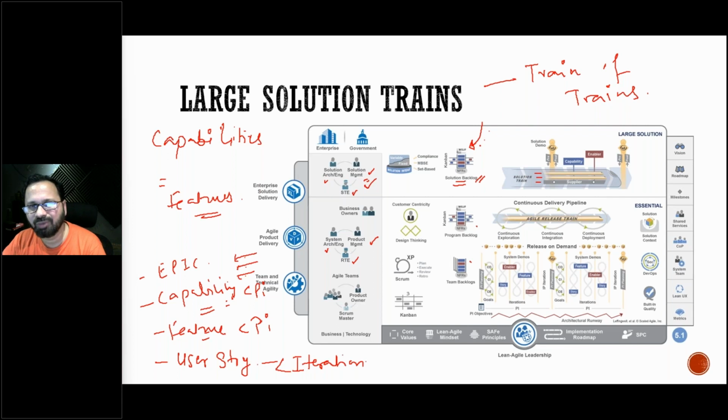Now, I would like to highlight an example of a capability. We were talking about a banking example, right? The example of a feature in a bank could be applying for a mortgage loan. But what is the capability? Again, I'm taking apply for loan at a much higher level.